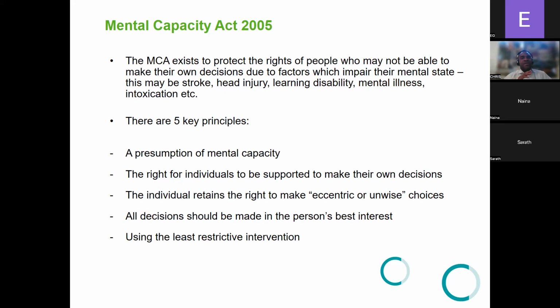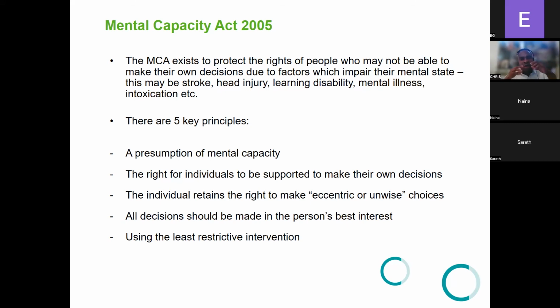So we never presume that this person is ill, this person is sick, and so does not know what the right thing is or cannot make the right decision. No. The Mental Capacity Act says that the service user who is sick, who is not well, retains the right to make eccentric and unwise decisions or choices.